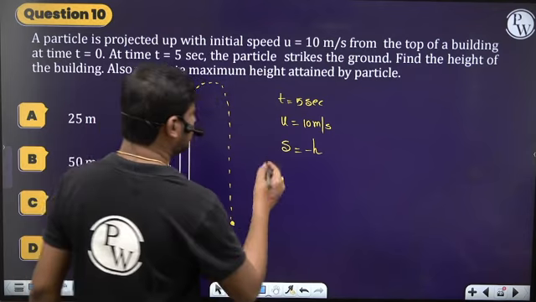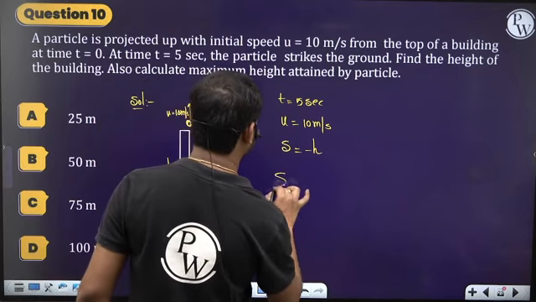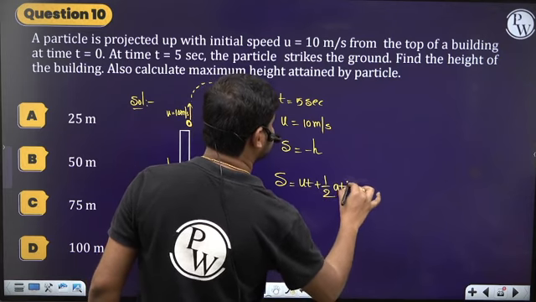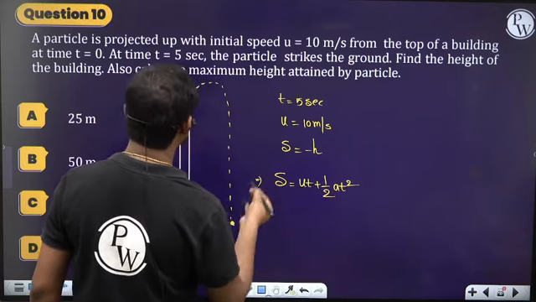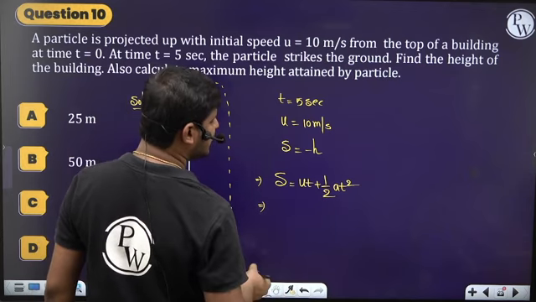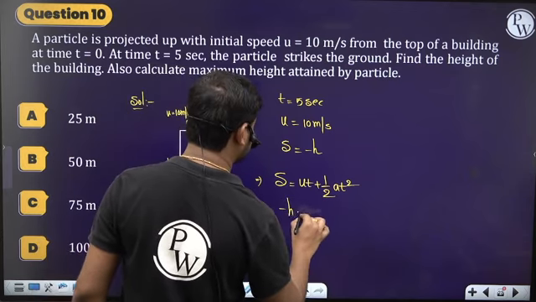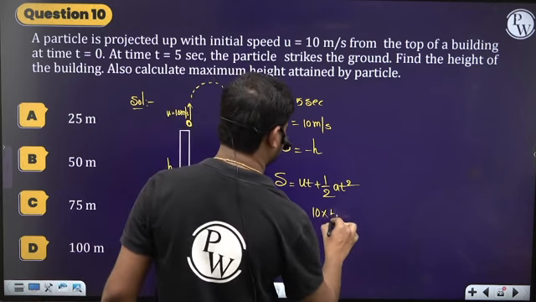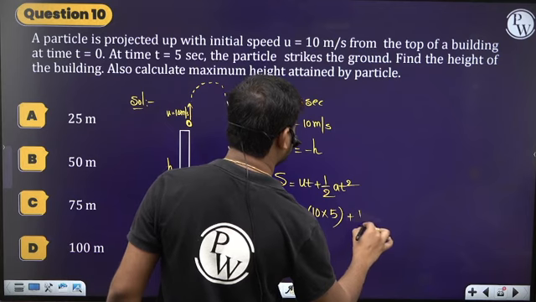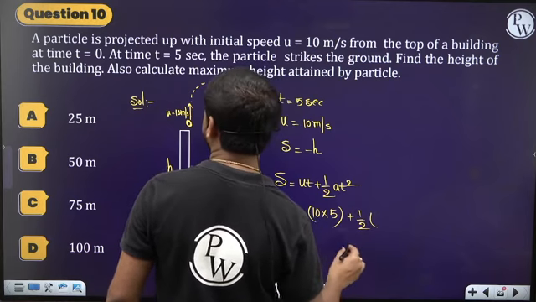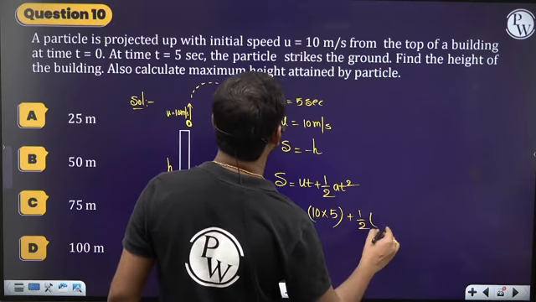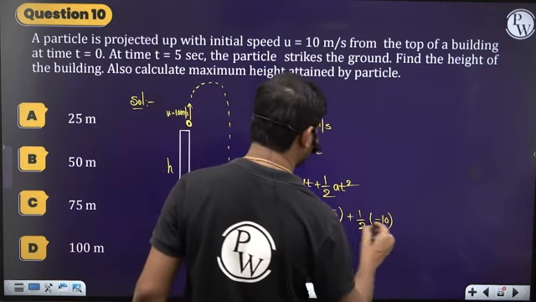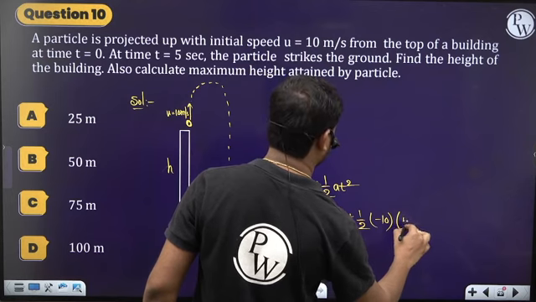Chalo. Now let me use the equation S equals ut plus half at square. As it is moving under uniform acceleration, we can consider a as minus g. So S equals minus h, u is 10, time taken 5, plus half into minus g, so let's take minus 10 into t square. t is 5, so 5 whole square.